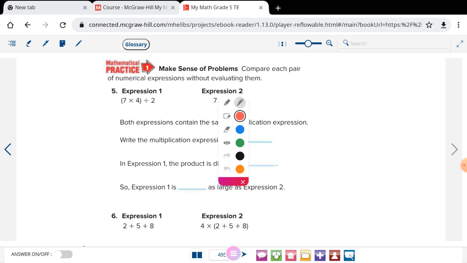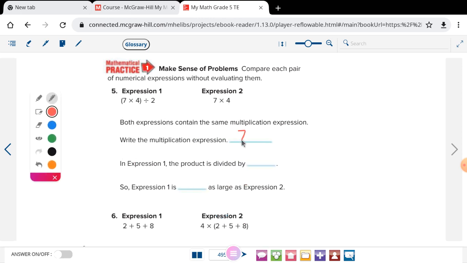Okay, 7 times 4. In expression 1, the product is divided by what, Reese? Divided by 2. So expression 1 is blank as large as expression 2.